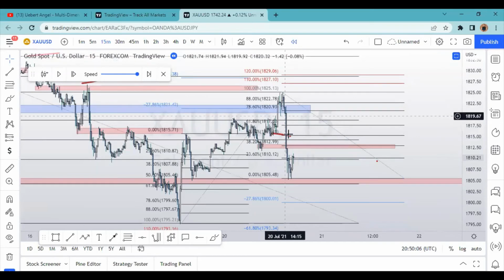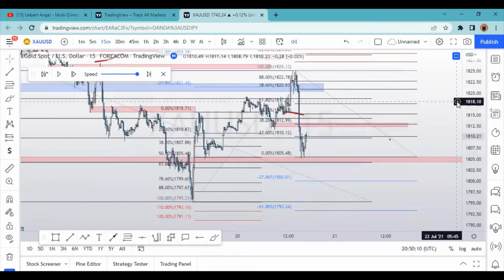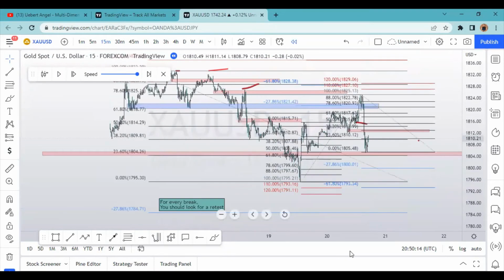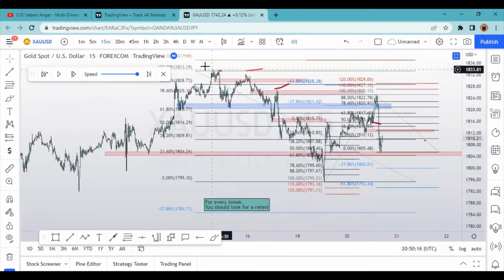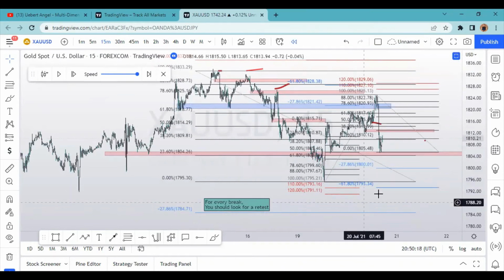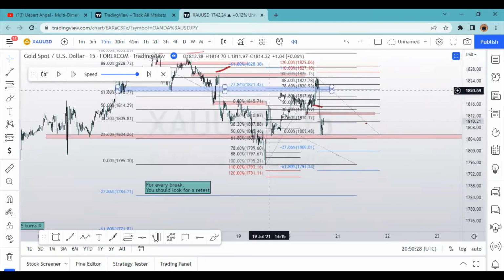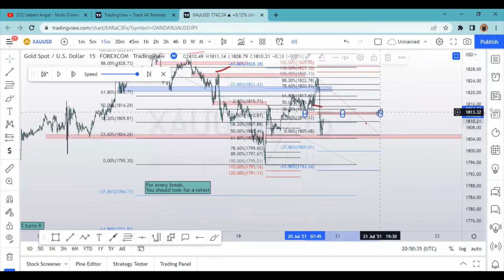If you still think it has more room to go down based off of your analysis, like how I drew this Fibonacci from here down, and I know that at least it's going to come to this zero or this negative 27.8, I look for another entry. I take my mind off the previous one and just look for another level where it can test again.